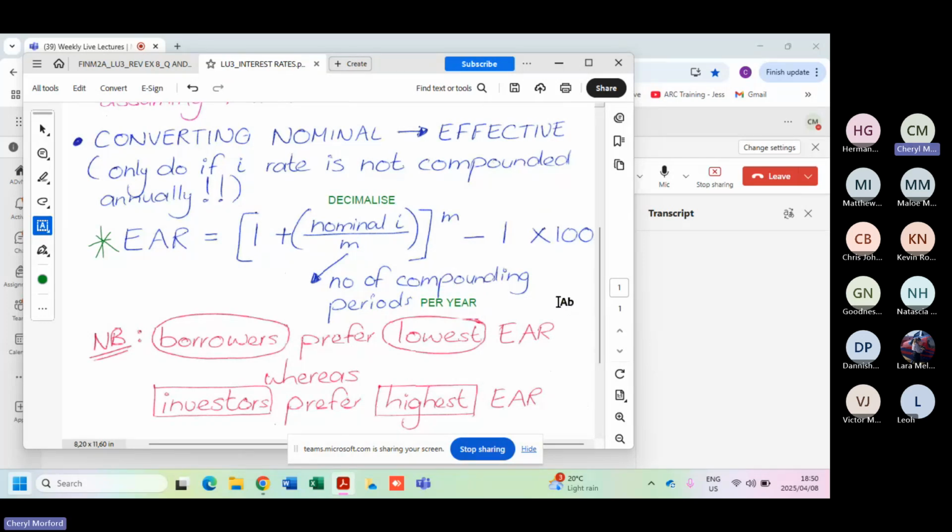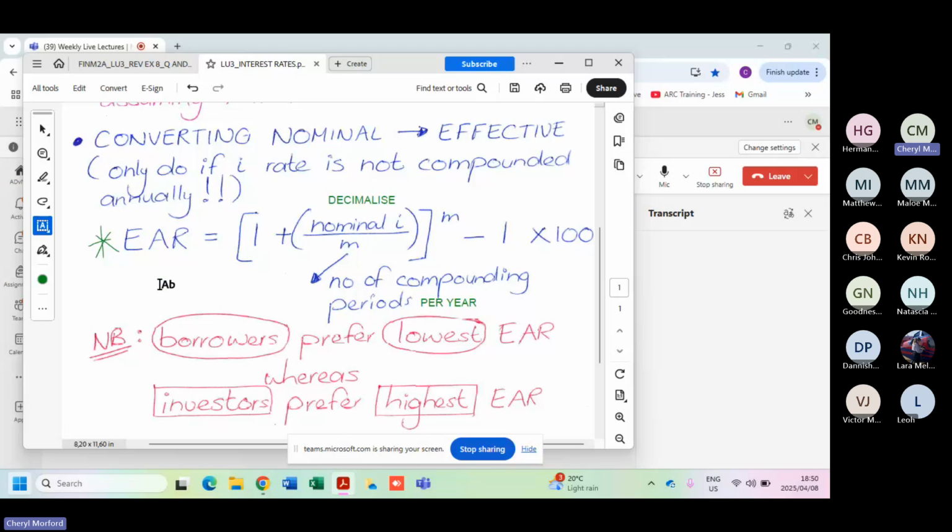If it's monthly, the value of M will be 12. If it's quarterly, M will take on a value of 3. If it's weekly, just be careful on the weekly one. If it says that there are 12 weeks in a month, then there will be 48 weeks in a year. If it doesn't say that, then how many weeks are there in a year?